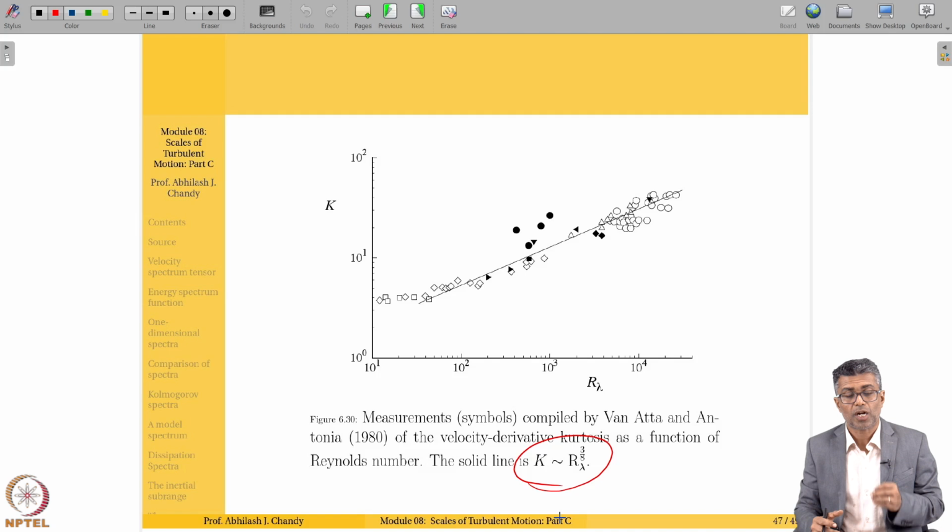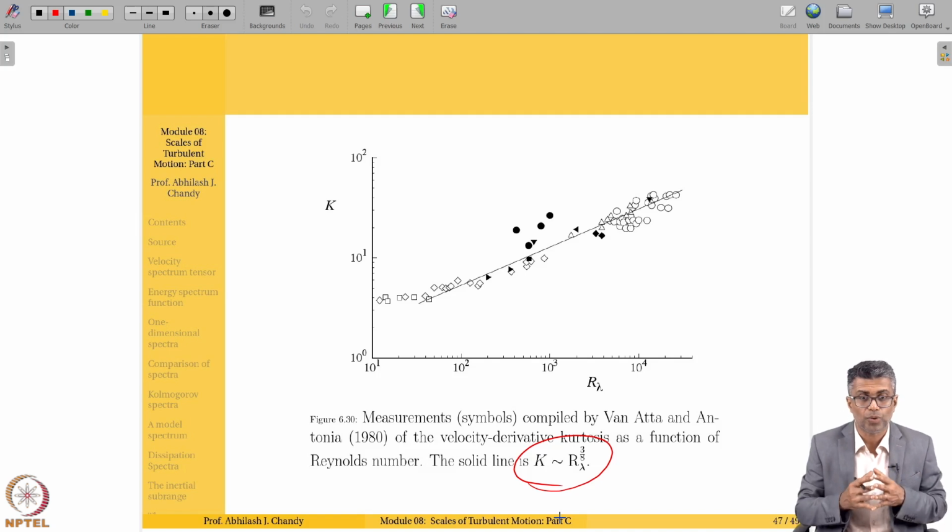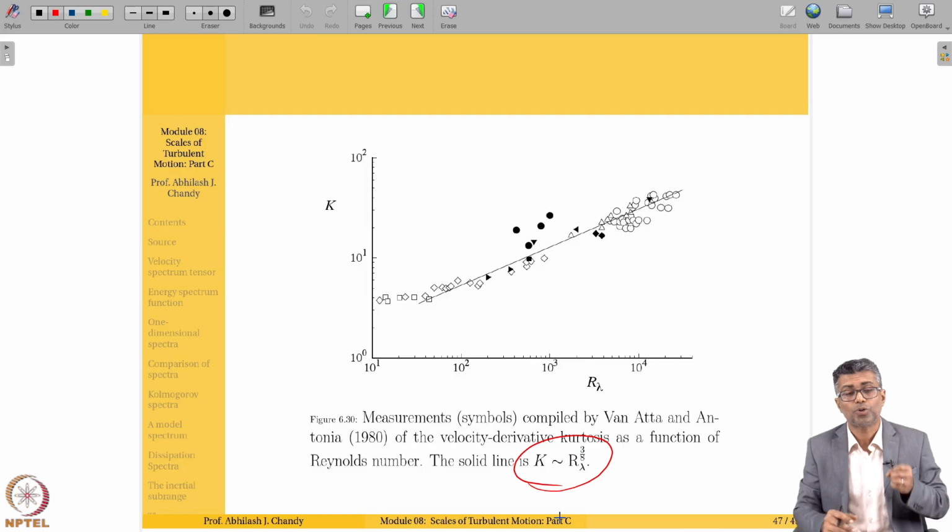And then you start to make some progress in saying, okay, I'm doing something right in my model. Or even look at how the kurtosis varies with an increase in Reynolds number. Try two different Reynolds numbers to see how the kurtosis varies. Does it change? Does it increase? Or does it stay constant? That would give you an idea of how good the model is.